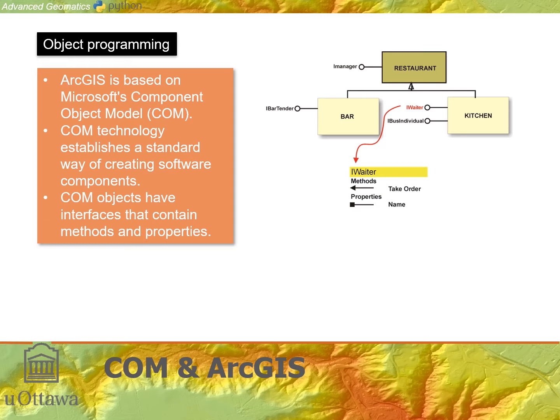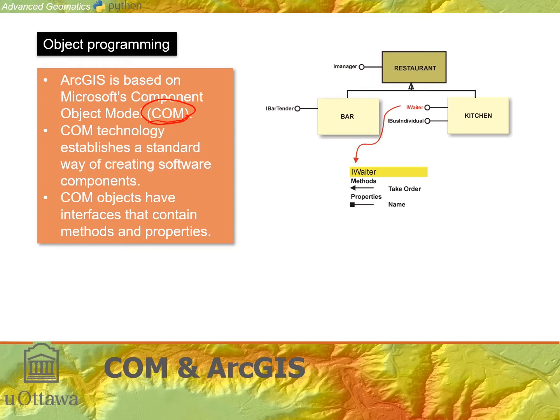For example, ArcGIS is based on Microsoft's component object model because it works with Windows, so it's based on the COM model of Windows. The component object technology is a way in which functionality of every part of the software can be exposed to be manipulated by a programmer.